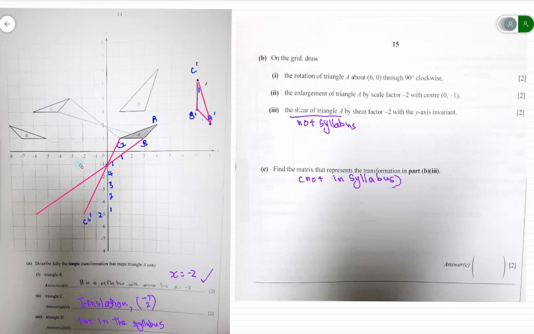So from here, times 2, 1, 2, 3, 4, 5, 6. Okay? Now, the vertical is 2. So times 2 becomes 1, 2, 3, 4. So there's a mistake here.